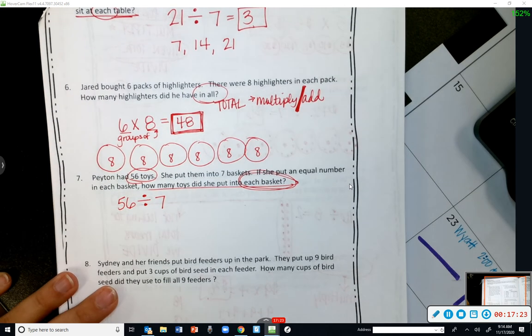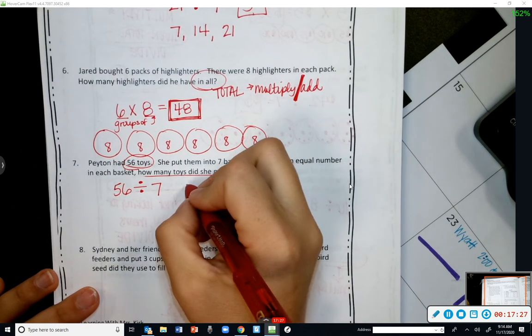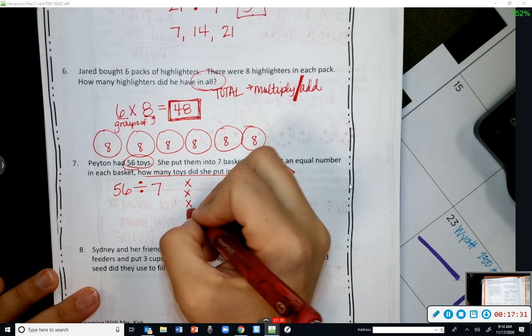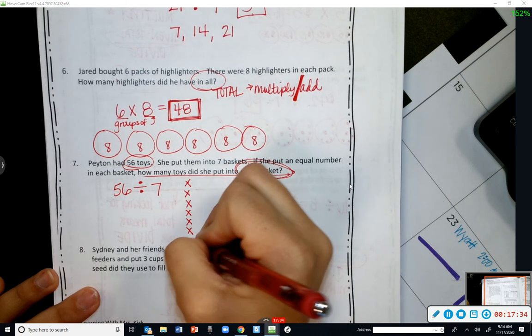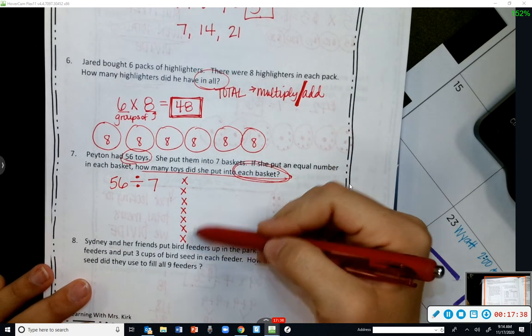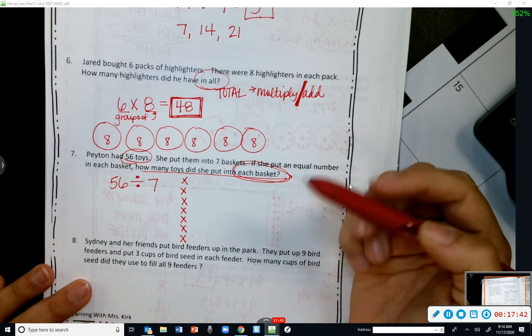Okay? So let's do an array just for sake of showing a different strategy again. So I'm going to do 7 going down. 1, 2, 3, 4, 5, 6, 7. And then you need to just keep counting and doing 7 as you go down until you get to 56.